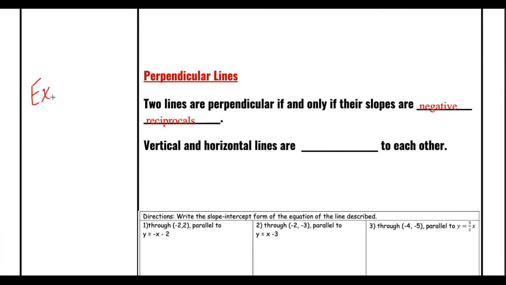So let's say that one of the slopes is 5/7, positive 5/7. A negative reciprocal of that would be negative, because that one was positive, this one becomes negative, 7/5. Okay, that's negative reciprocals. Let's try another one. Let's say we have -3 as one of the slopes.